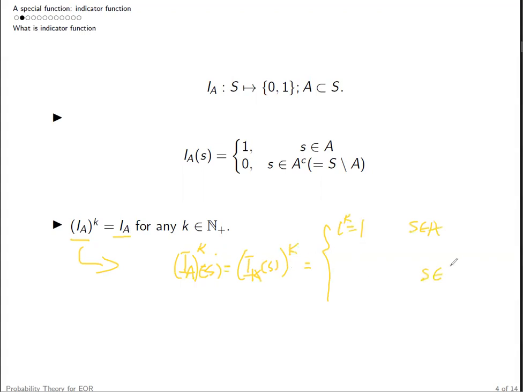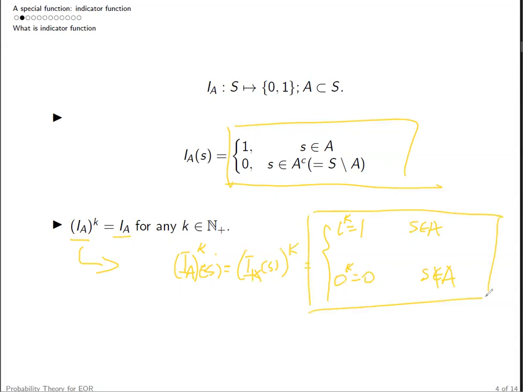If this small s is not from the set A, then it's 0 to the power k, which is still 0, right? Which are exactly the same function. So both sides of this identity assign the same numbers to the same elements, and they are the same function. They are defined for the whole set S.